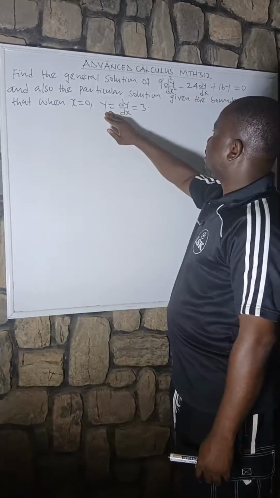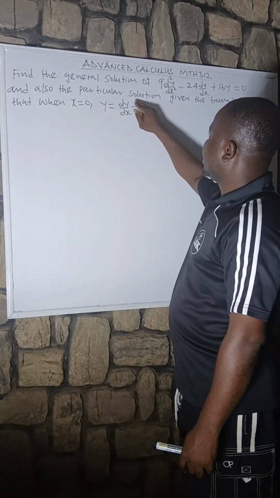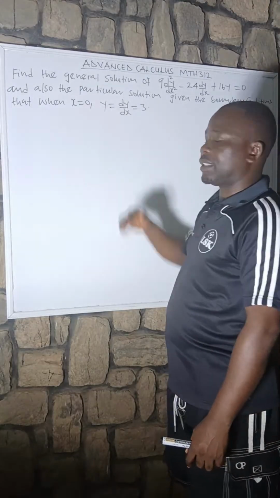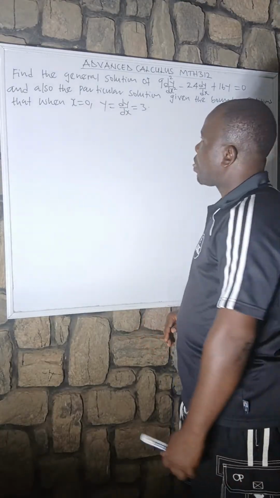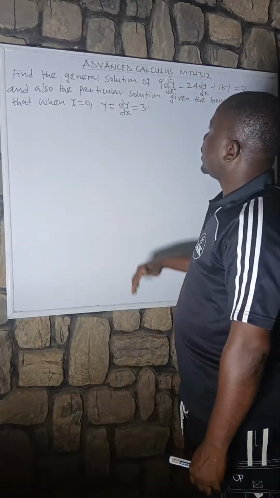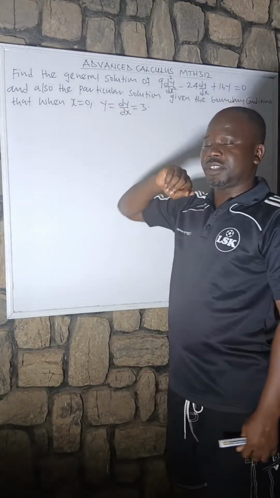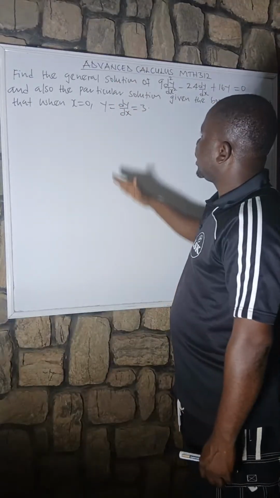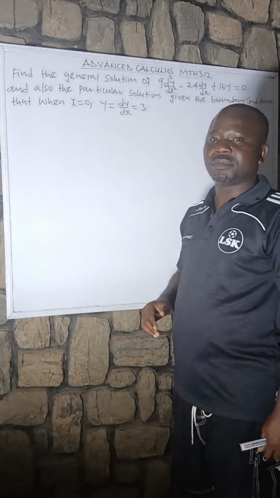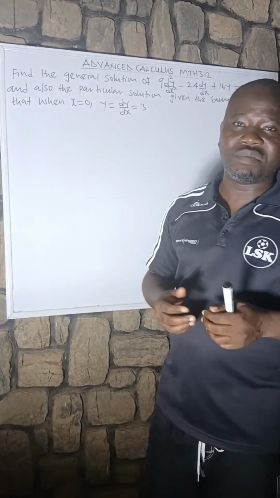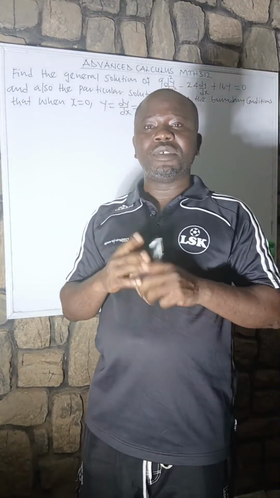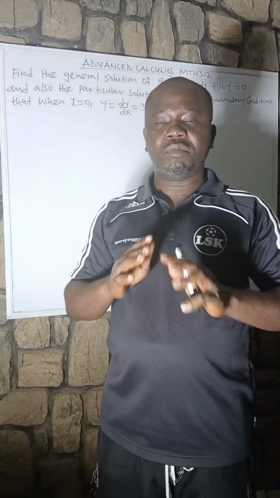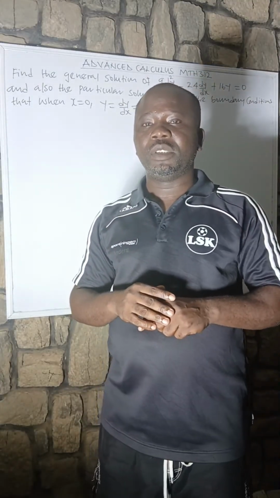I know the boundary condition here is kind of confusing, but I'll break it down for you to understand. So let's ask ourselves this question: how can we find the general solution and the particular solution? It's a very simple question to consider. I'll break it down.